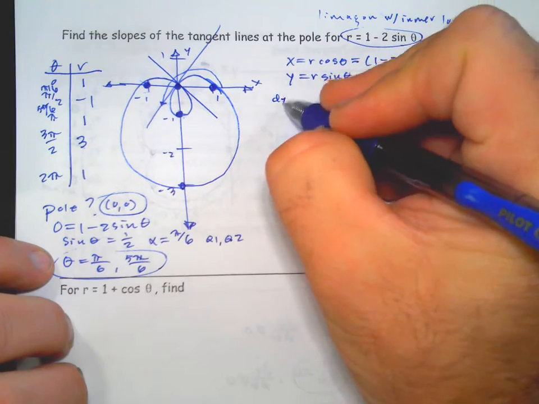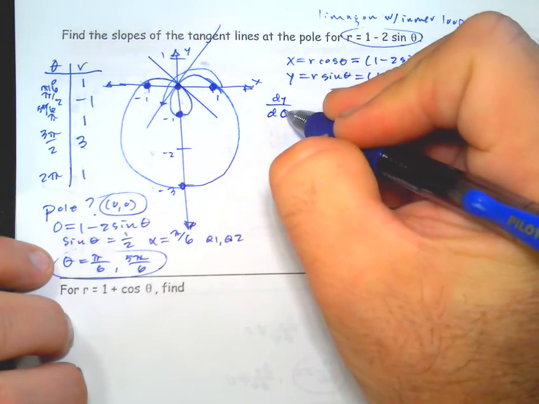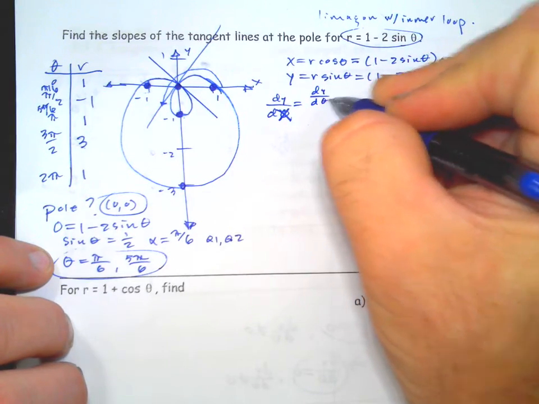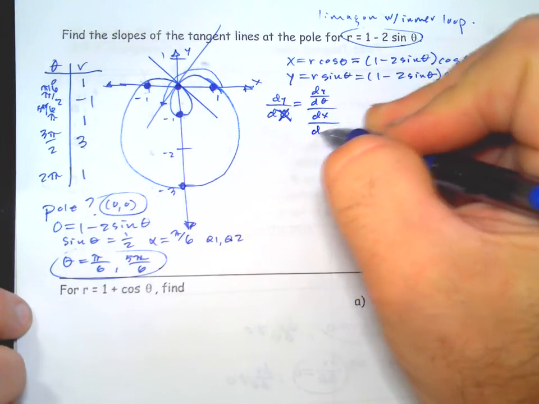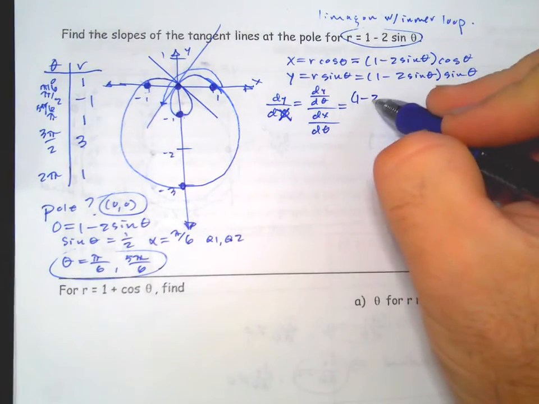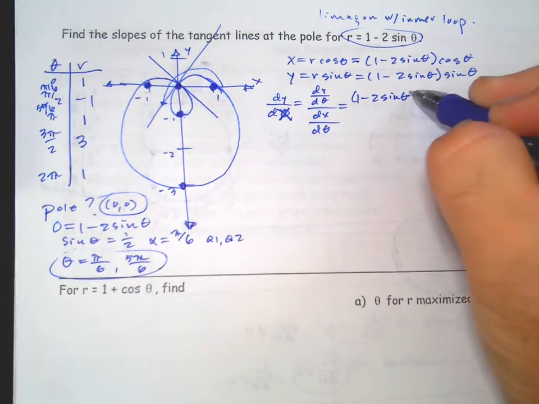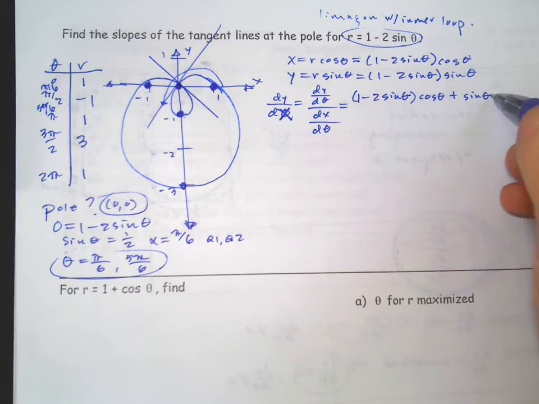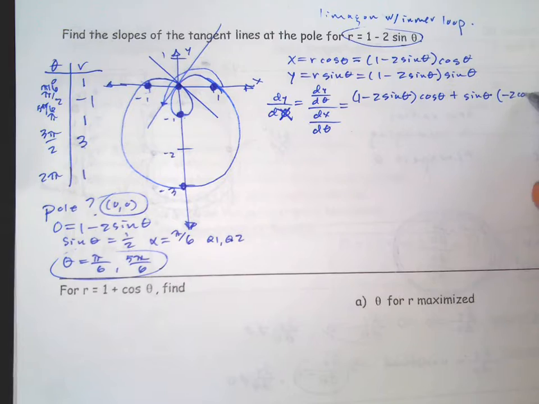So then we're going to do dy dx, sorry, which is dy d theta over dx d theta. And so dy d theta is going to be 1 minus 2 sine theta. Derivative of sine is cosine, plus sine theta. That's going to be negative 2 cosine theta.